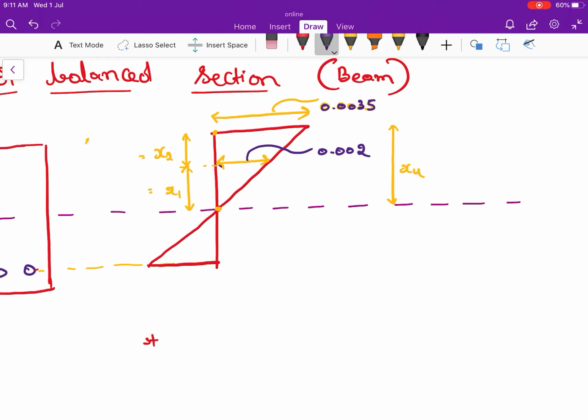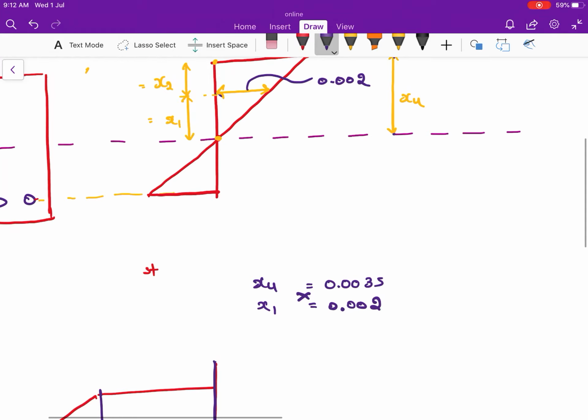The similar triangle concept is very simple. For XU, what is the maximum compression fiber strain? You can see it is 0.0035, and for X1 it is 0.002. If I cross multiply this, the value of X1 comes to be 0.57 XU.